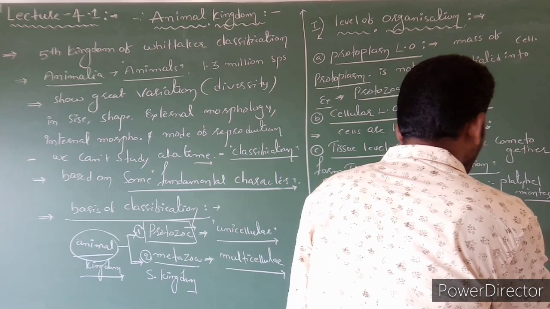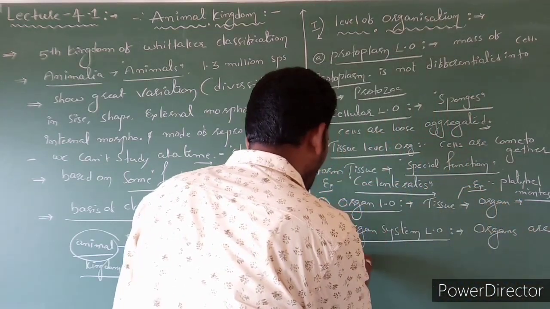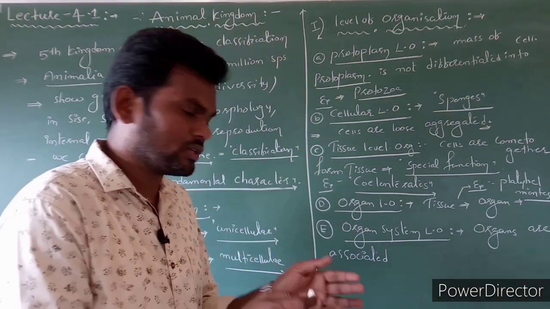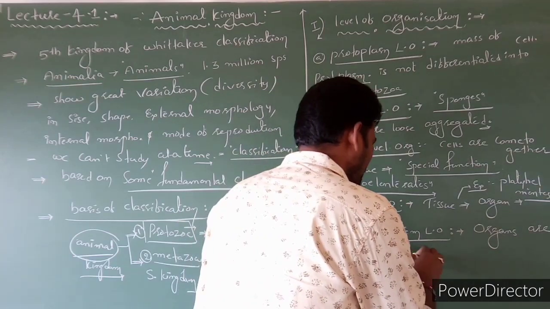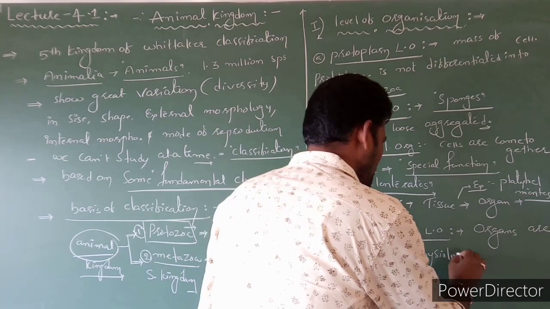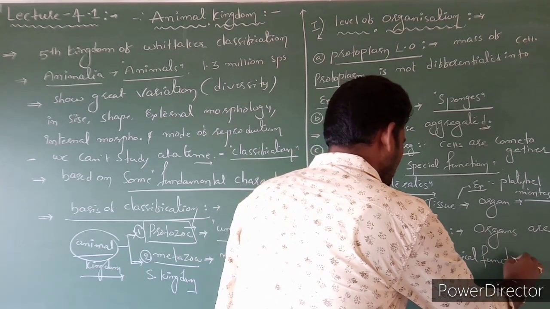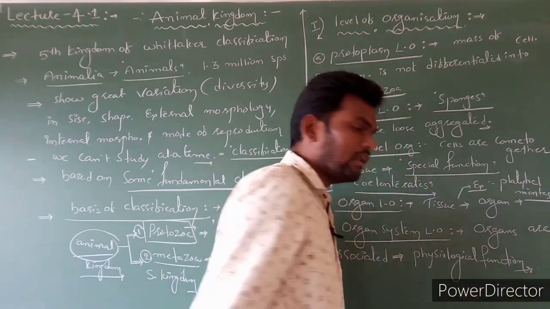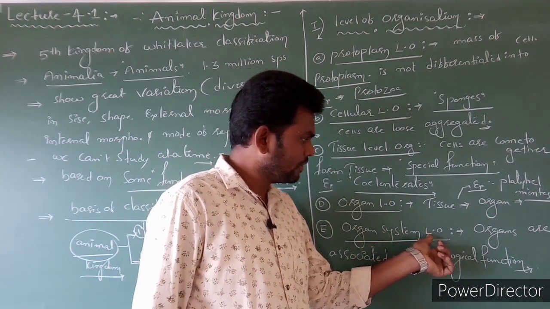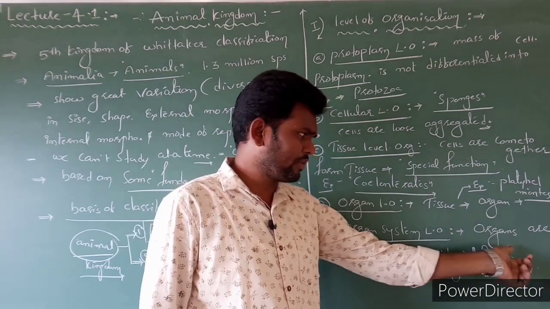Organs are associated to each other and perform specific physiological functions. So that is what organ system level of organization is. Example, we can write what?